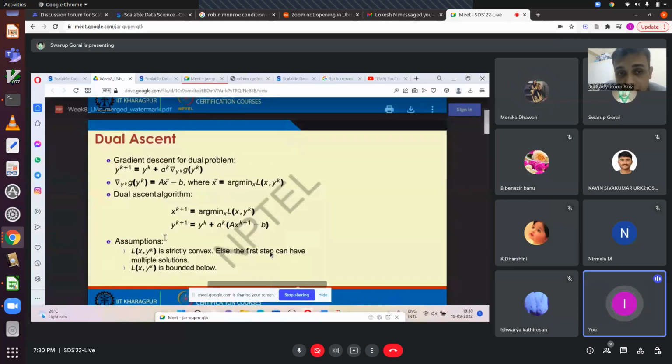But if the first step has multiple solutions, you don't know which way to proceed, so you have to resort to guessing. So you have to ensure the first optimization step is strictly convex, and that is what ADMM does by introducing rho. If you go through the lecture again, you will see this problem is solved by adding that rho term.